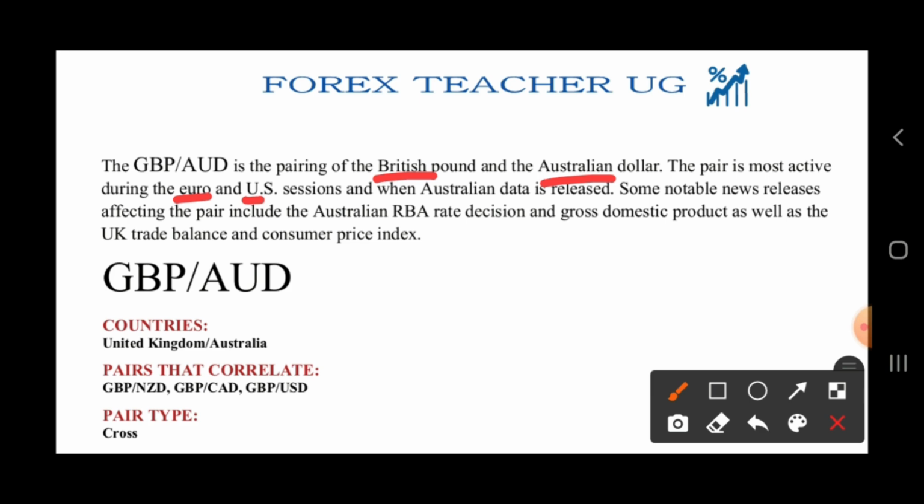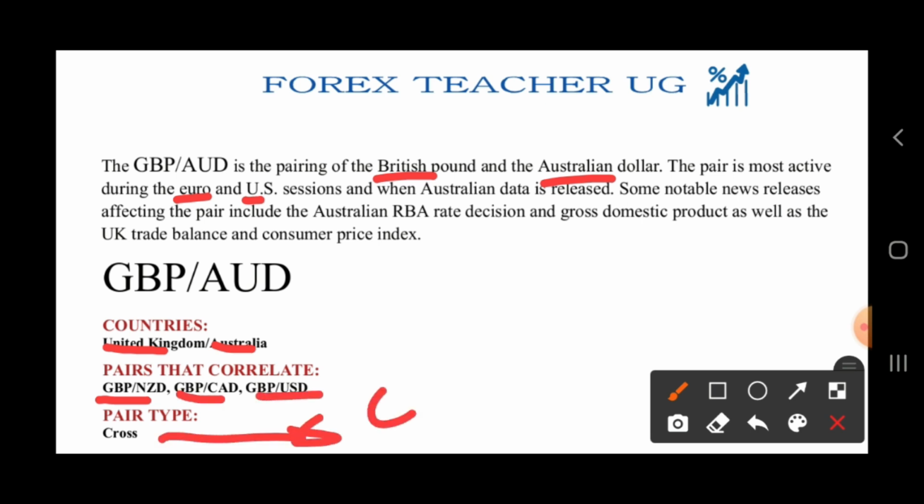Some notable news releases affecting the pair include the Australian RBA rate decisions and gross domestic product, the GDP, as well as the UK trade balance and CPI. The countries are the United Kingdom and Australia. The pairs they correlate with are GBP NZD, GBP CAD, and GBP USD.